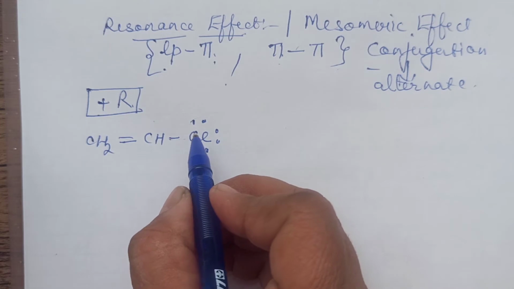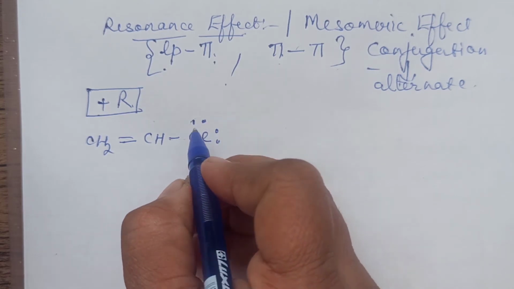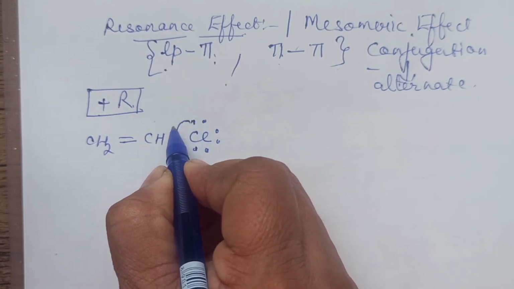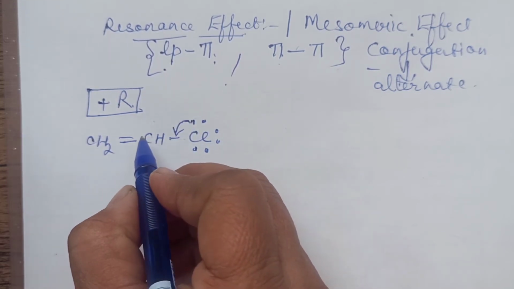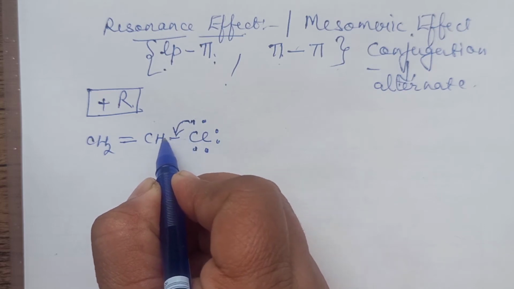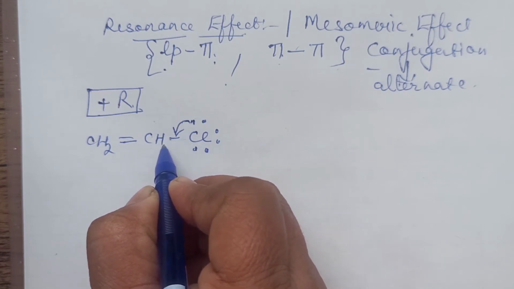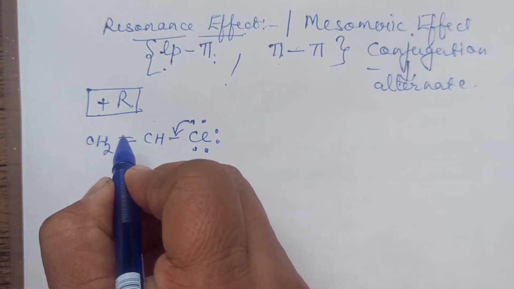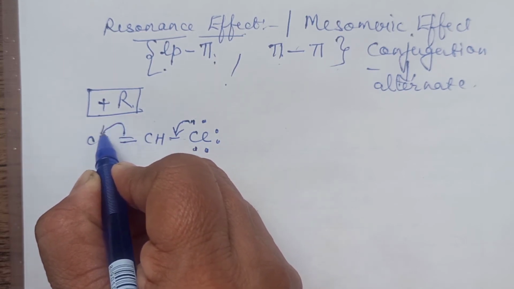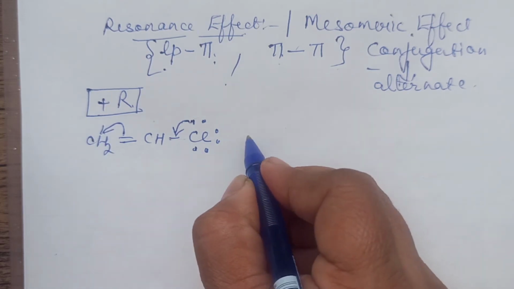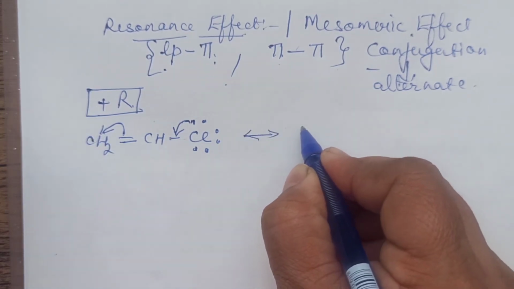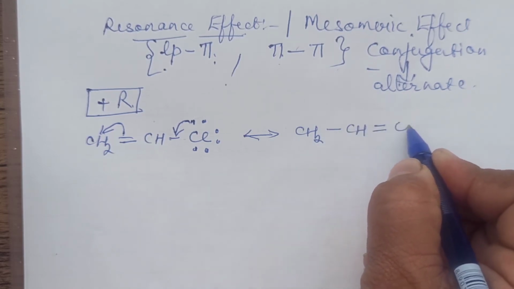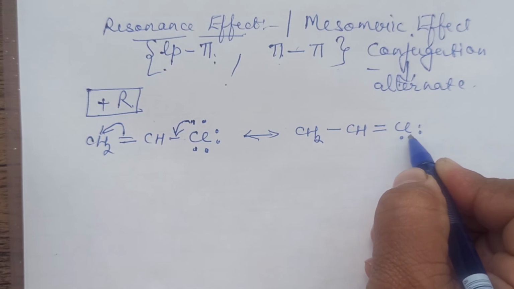Now, this having many lone pairs, it will donate its electron pairs this side. It will start moving this side, and when it comes here, the valency will be disturbed. There will be a double bond here, so this carbon will have 5 bonds, which is not possible. So this pi bond will shift further. This results in the formation of CH2 single bond CH, now a double bond Cl, and one pair has migrated.